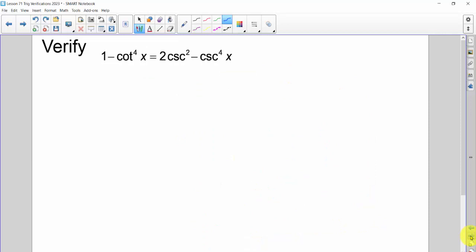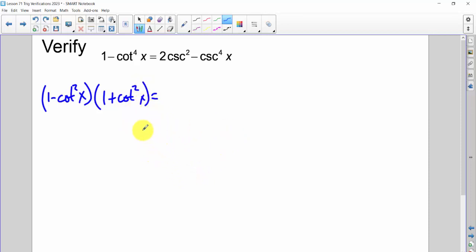So in this case, I'm probably going to take and factor. It doesn't matter which side. I'll take and pick this side over here. I get 1 minus cotangent squared x and 1 plus cotangent squared x.